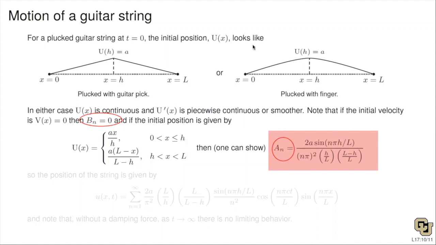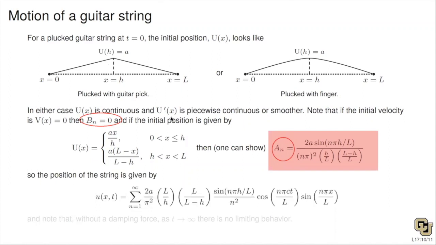So all right, folks, here is the formal solution of this wave equation, the motion of a guitar string, where the initial position with zero initial velocity is plucked with a guitar pick. At this point h, which doesn't have to be the center, we've raised the string up to a height of a, and then we've waited for a second so that there's no initial velocity, and then let it go, and then it's going to vibrate.